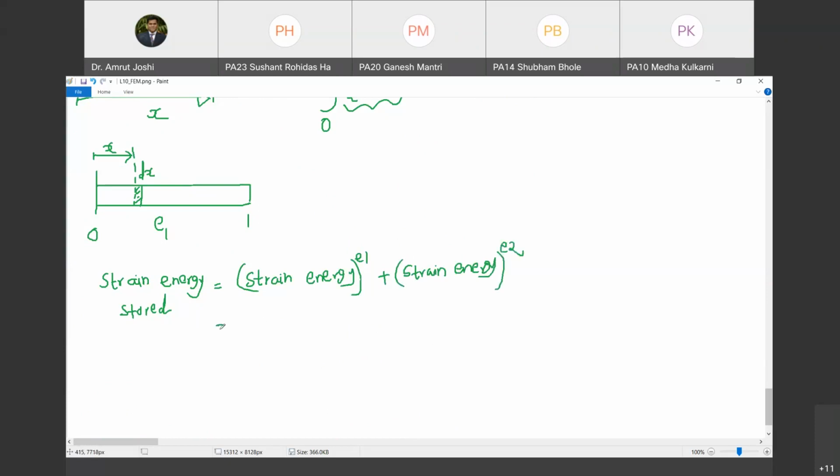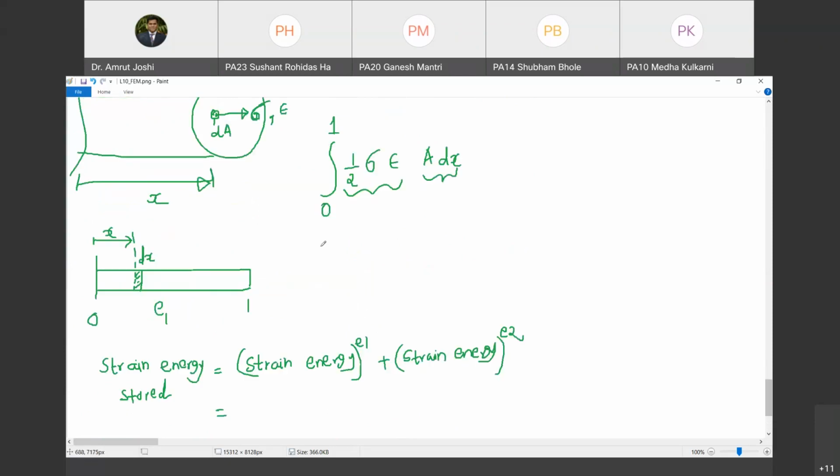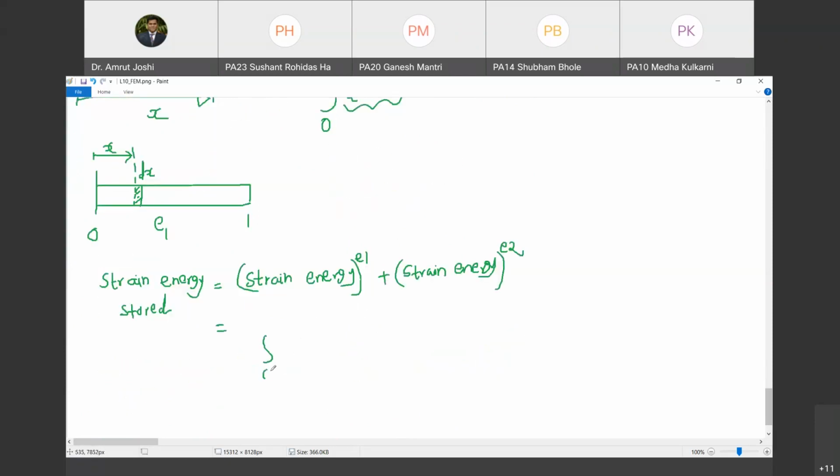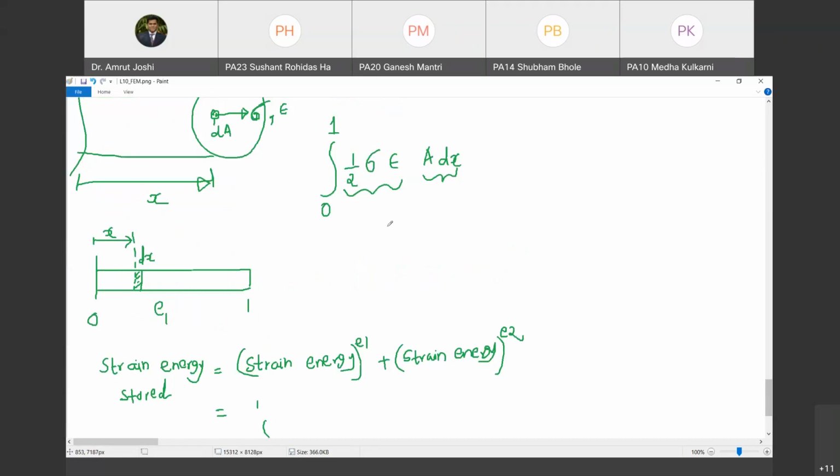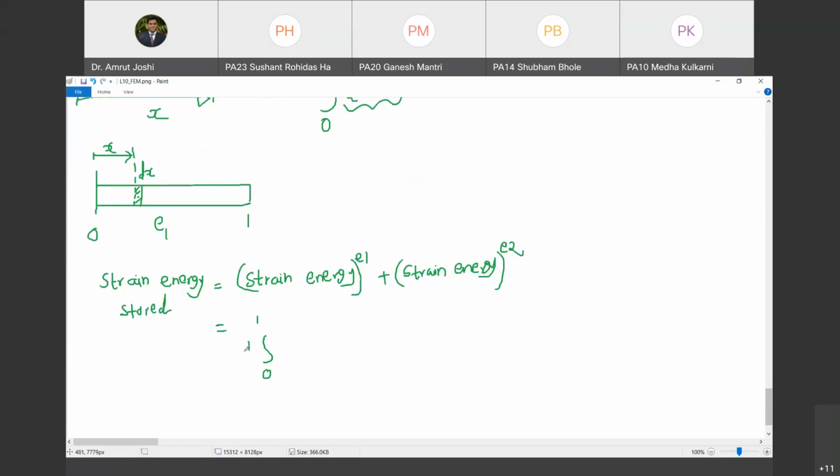What is the strain energy stored in element number 1? It is integration 0 to 1. Half can come outside. Then you have sigma, you have epsilon, you have A into dx. Plus, this is for element number 1, you have to understand. And this half can come outside.